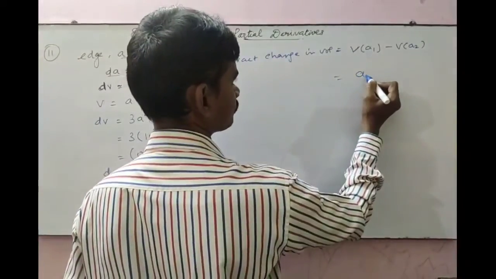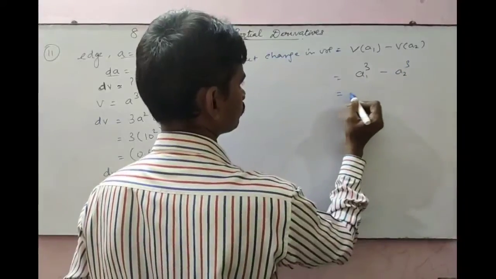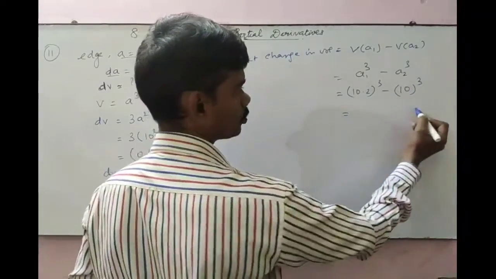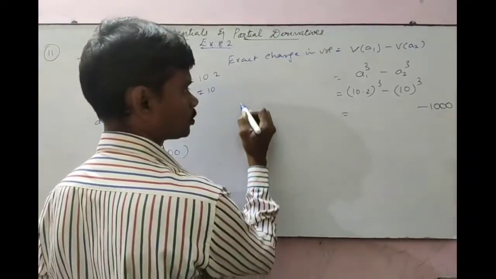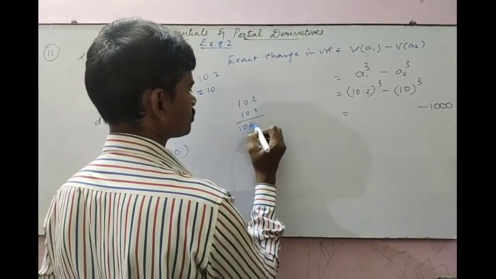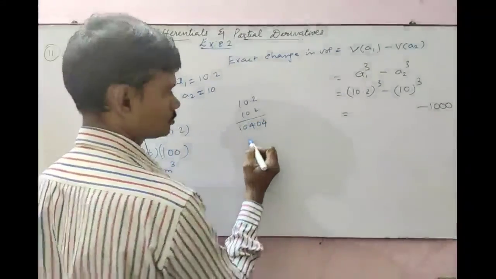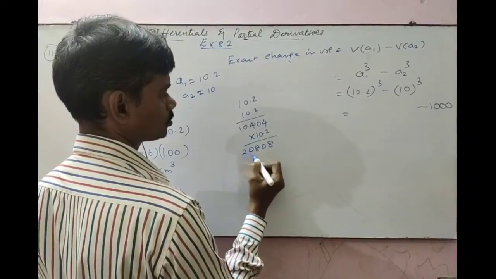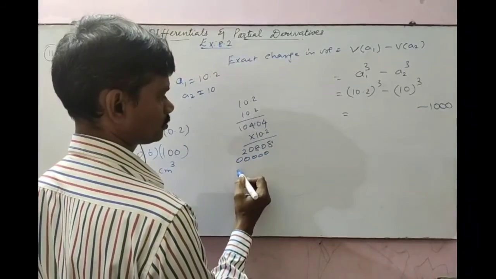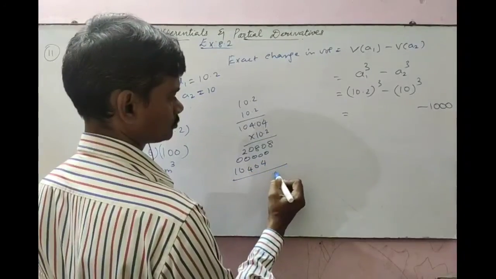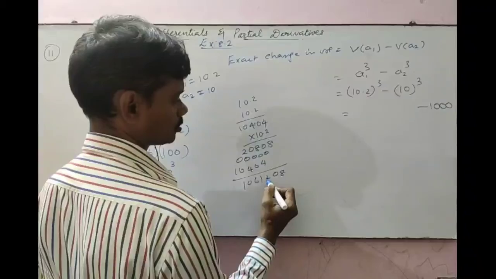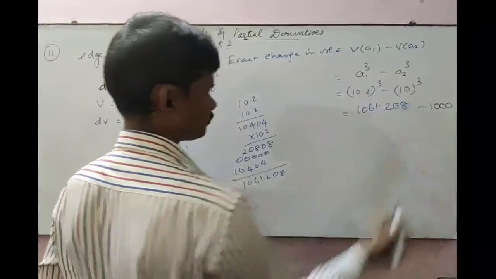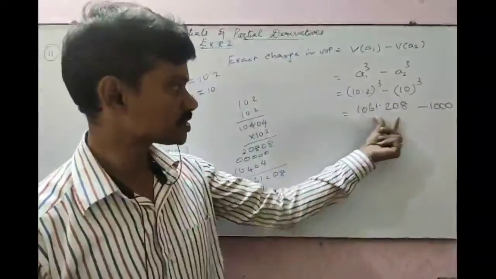If you use this here, A1 cube minus A2 cube, that is 10.2 whole cube minus 10 cube. 10 cube is 1000. 10.2 cube: 10.2 into 10.2 gives 104.04, and 104.04 into 10.2 gives 1061.208.